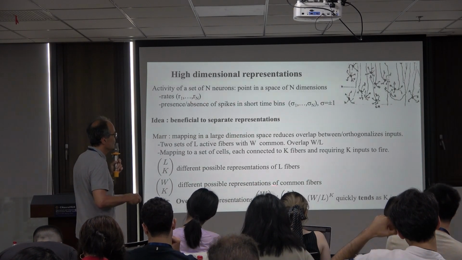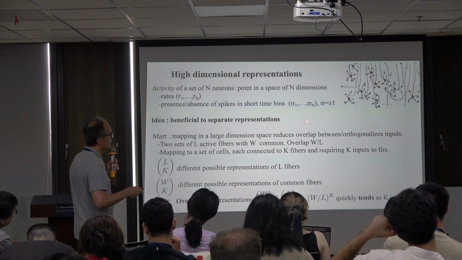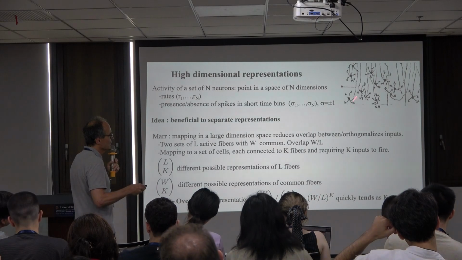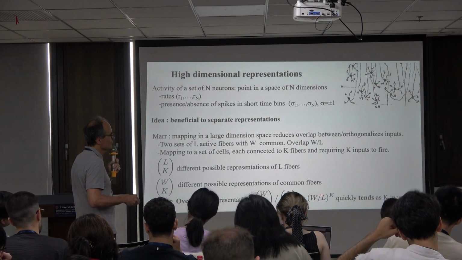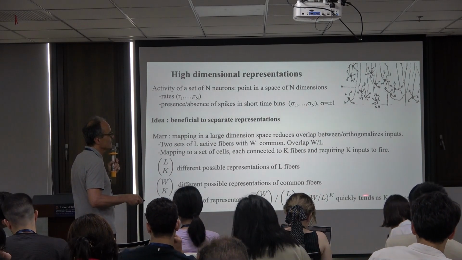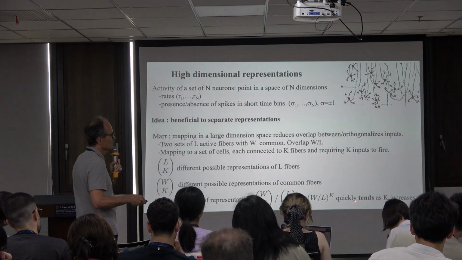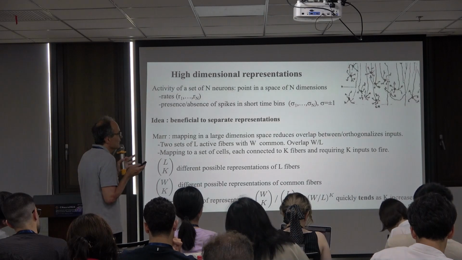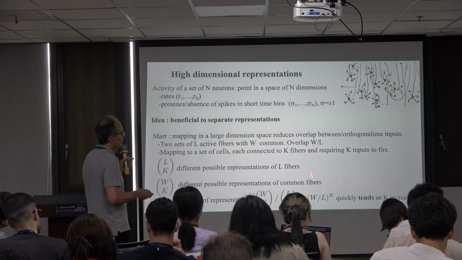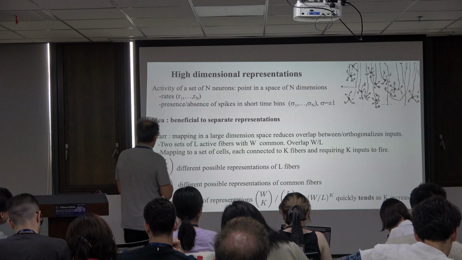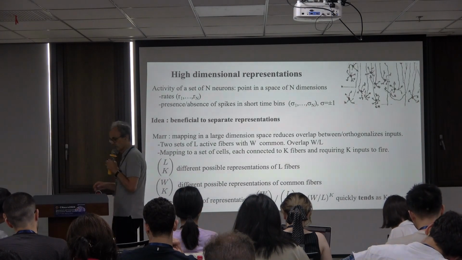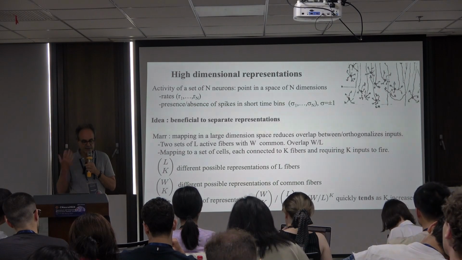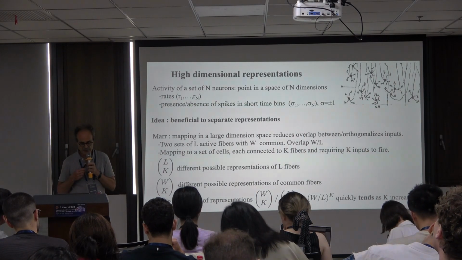So the overlap in this other representation, where each cell takes K inputs, is (W choose K) over (L choose K), and it quickly tends to 0 as L increases. If W is smaller than L, this would be much smaller. So the idea is that you orthogonalize the inputs.